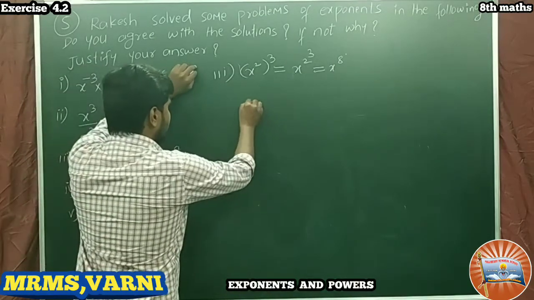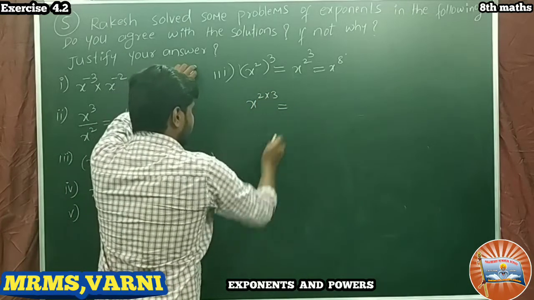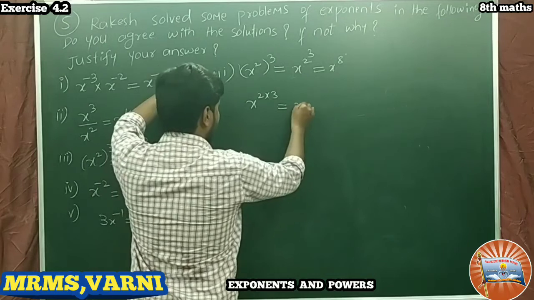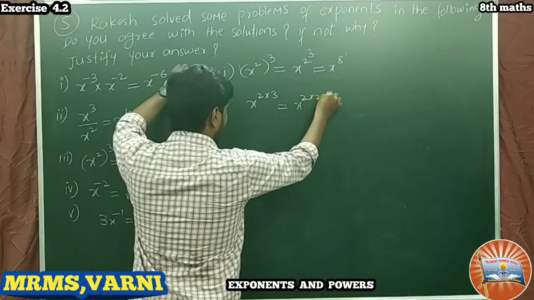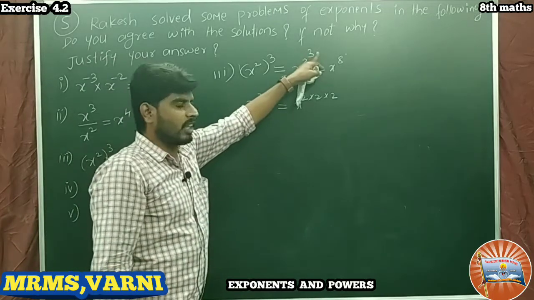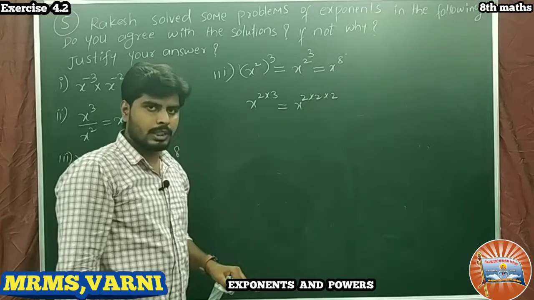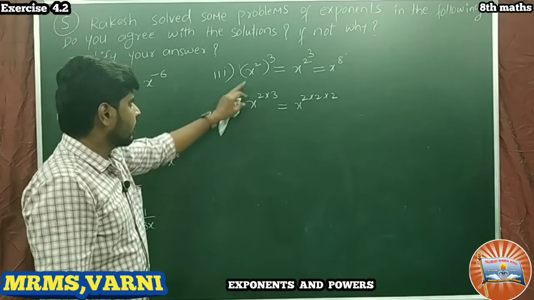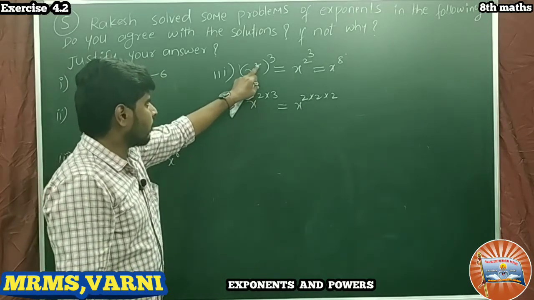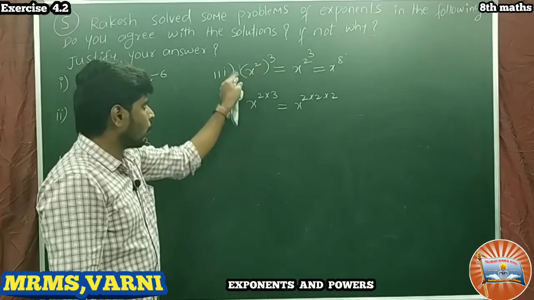What can we write? x power 2 into 3, we can write x power 2 into 2 into 2? 2 cube we can write as 2 into 2 into 2 here, isn't it? Is it clear? Here it is x power 2 whole power 3.